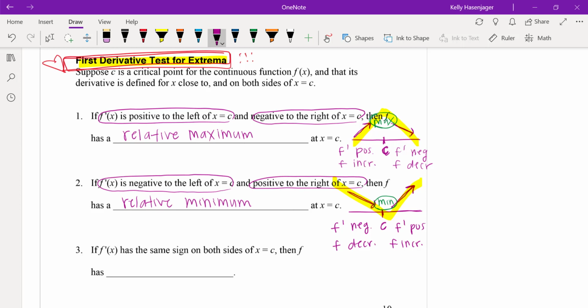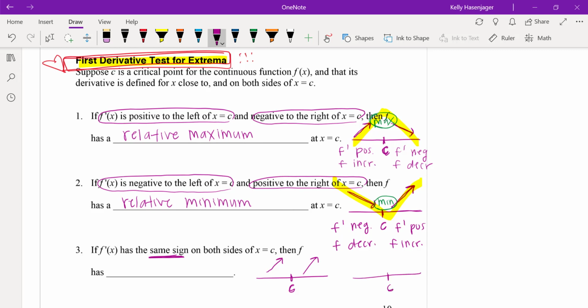Now, what happens if we don't change directions? So what happens if we have the same sign on both sides of our critical value? So let's check it out. If we have a critical point, c, and on the left-hand side we're going up, and on the right-hand side we're going up, we didn't change directions. It doesn't look like a max or a min based on our arrows.